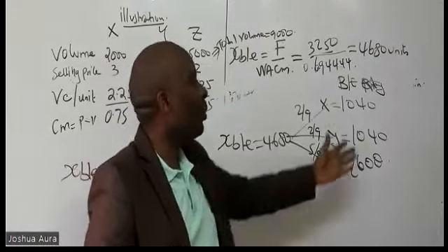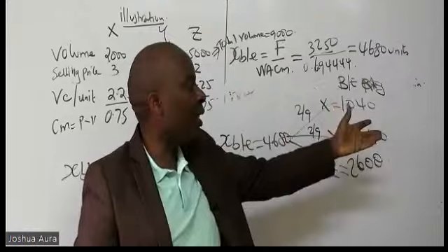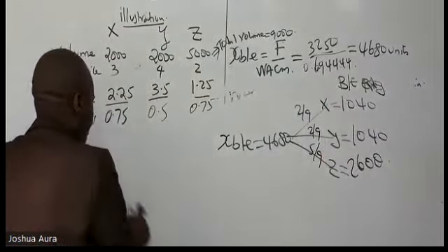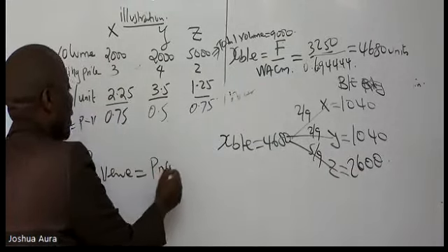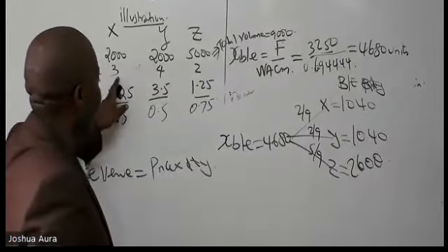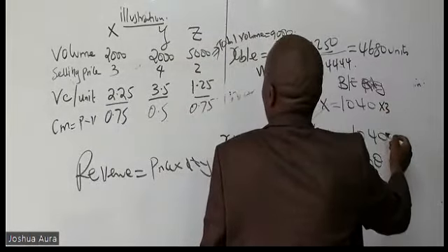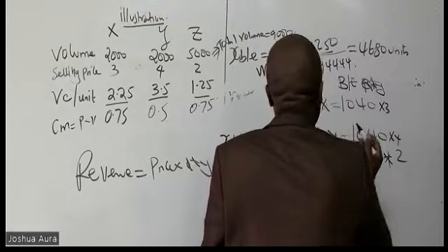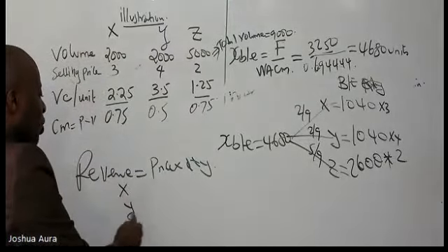I'll just multiply these quantities with the prices, because we know that revenue is price times quantity. Fortunately, we have the prices here. So for X, I multiply this with 3, Y with 4, and Z with 2. Then I'll be able to get the revenues from my three products X, Y, Z.